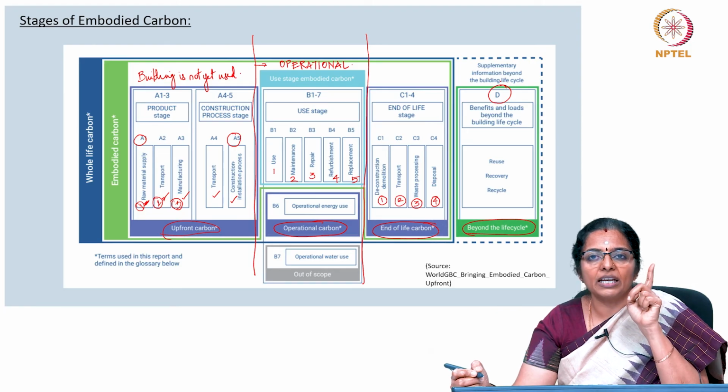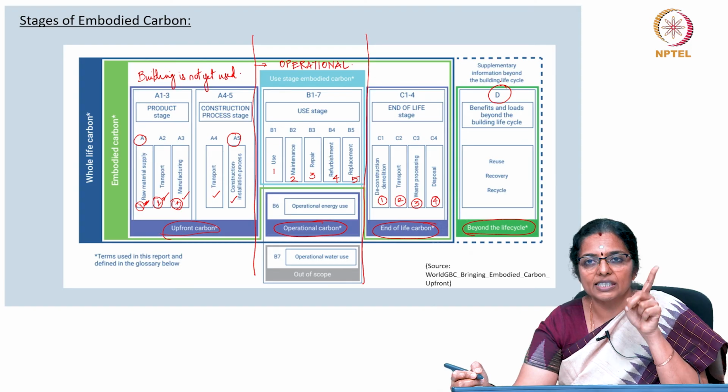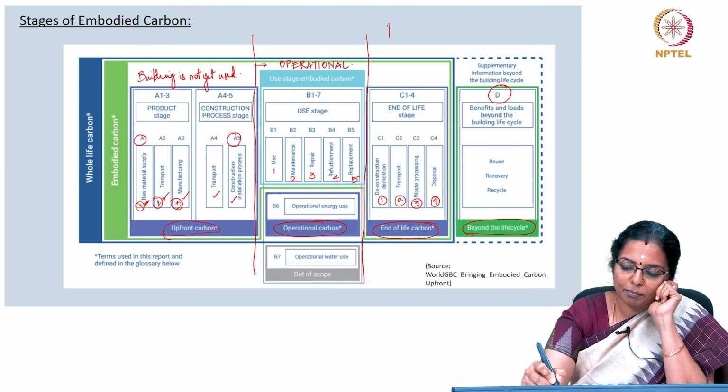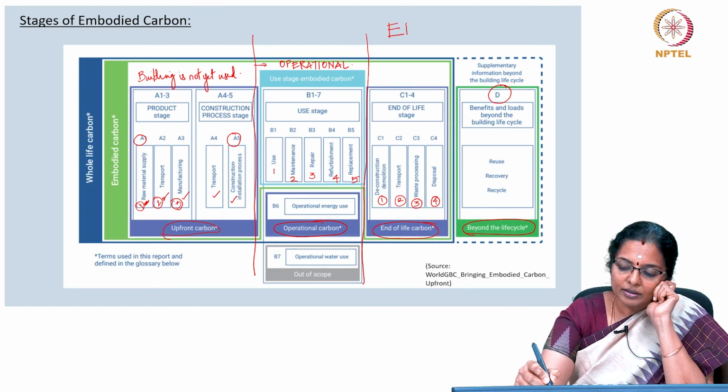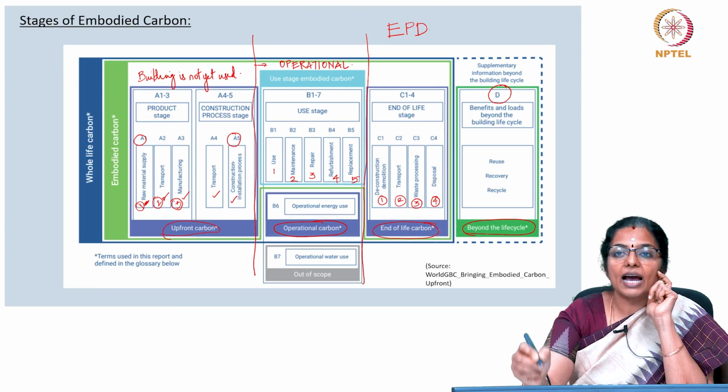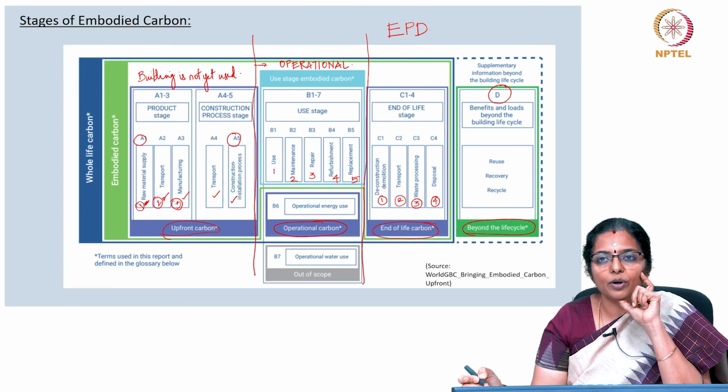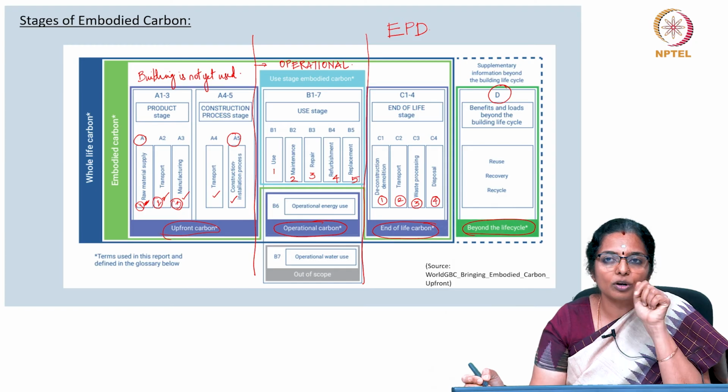Anticipating upcoming revisions to other standards, reporting module D will become obligatory for product environmental product declaration in the majority of instances. What is EPD? It has to be declared for every product. It is being done now in the European standards.